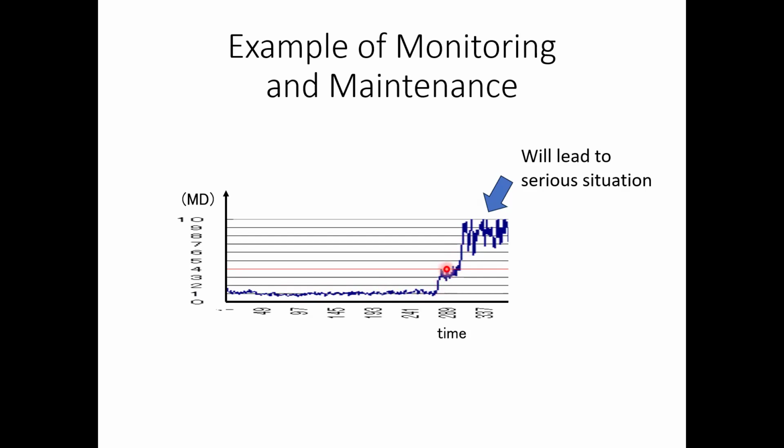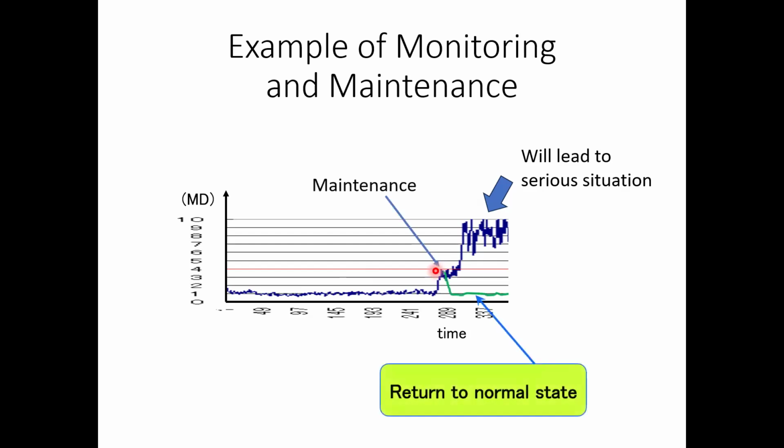Cause diagnostics will also help us to know where to inspect. As indicated by this green line, serious problems can be prevented.